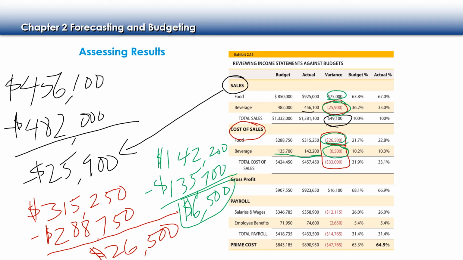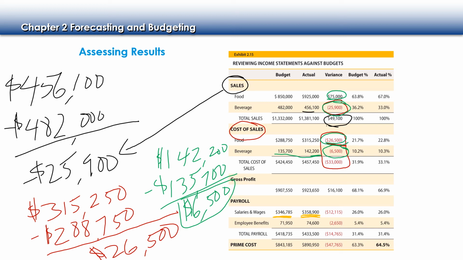And so we can also look at our salaries and wages. So we went over budget. We spent $358,000, almost $359,000 on our salaries and wages when we budgeted $346,000. But remember, our food went way over, 75,000 over. And so because of that, we probably had to have more wages, more staff to serve the food, okay?